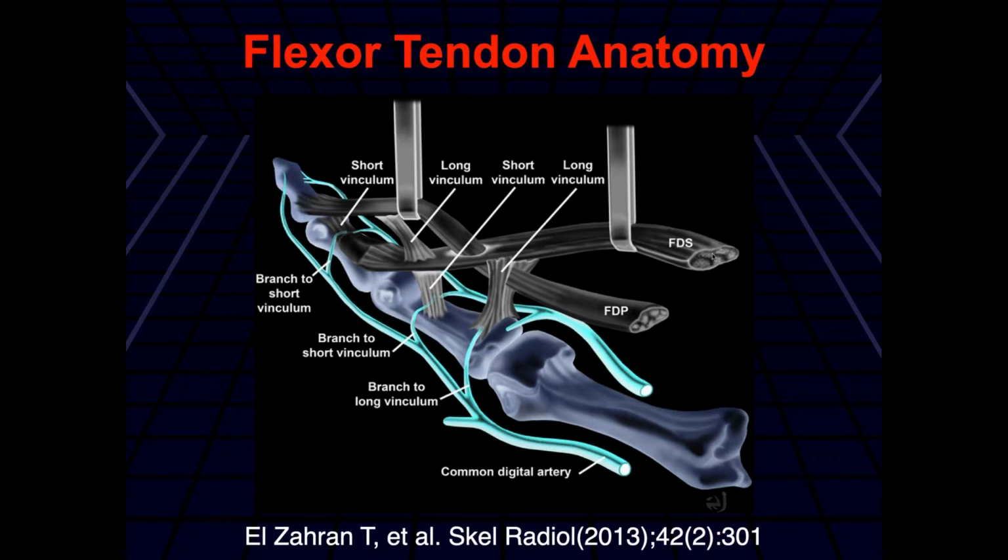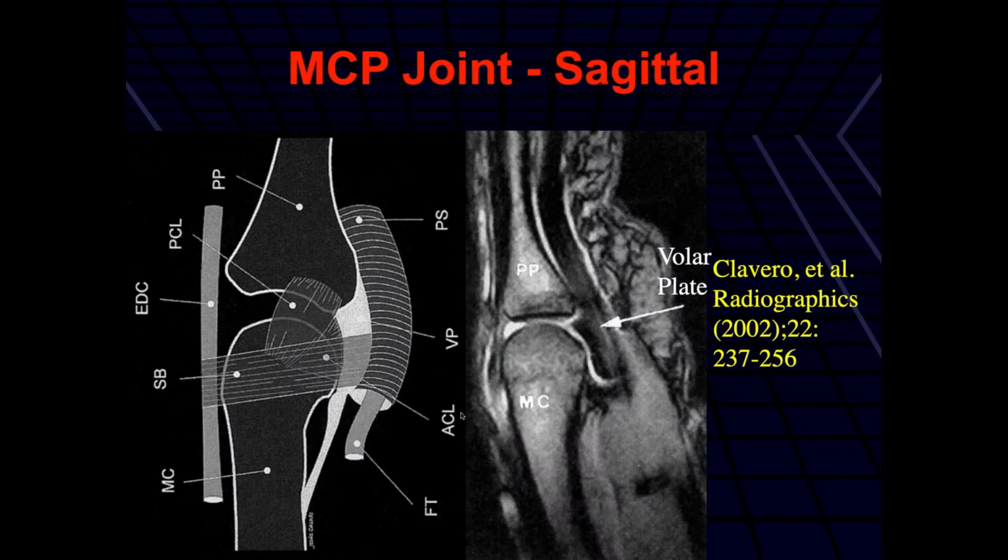The flexor digitorum superficialis in the palm of the hand is superficial, but then it becomes deep where it attaches to the base of the middle phalanx, so that you can get proper flexion of the tendons. And then you can see that there are connections here between the bones and the tendons called the vinculum, which are also important for stability, and then you've got the vessels around it.